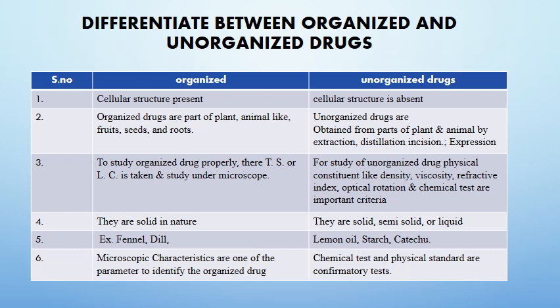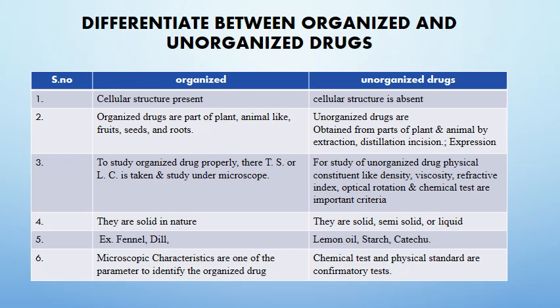To study the organized drug properly, its TS or LS is taken and studied in the microscope. But for study of unorganized drugs, physical constituents like density, viscosity, refractive index, optical rotation and chemical tests are studied. Organized drugs are solid in nature, but unorganized drugs can be solid, semi-solid and liquid also.